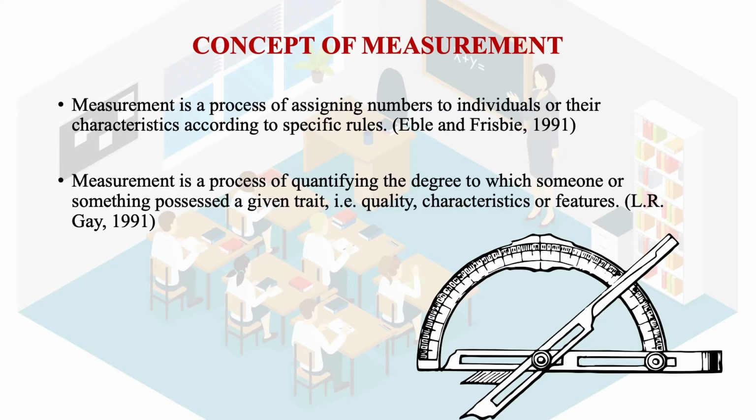And as per the definition given by L.R. Gay in 1991, measurement is a process of quantifying the degree to which someone or something possesses a given trait, that is, quality, characteristics or features.